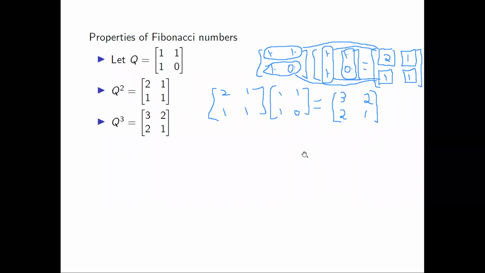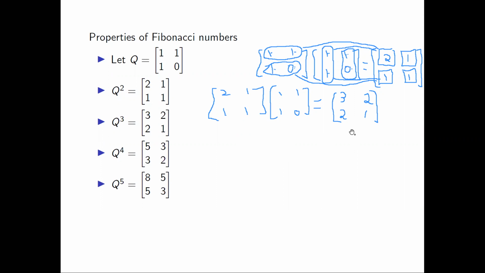And we can continue. We can get Q to the 4th and Q to the 5th. I won't multiply those out. For Q to the 4th, we get 5, 3, 3, 2. And for Q to the 5th, we get 8, 5, 5, 3. And it's interesting because in these powers of Q, we're seeing Fibonacci numbers in the entries.